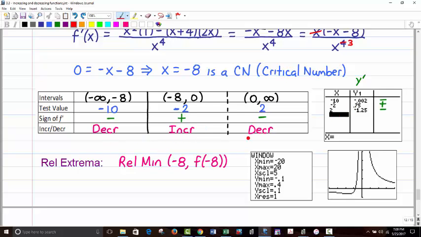Increase, decrease, but because I drew that dash on, don't realize that 0 is not a relative max. Just because it goes increase and decrease, it cannot be a max at a discontinuity. So we only have right over here a relative min at -8.